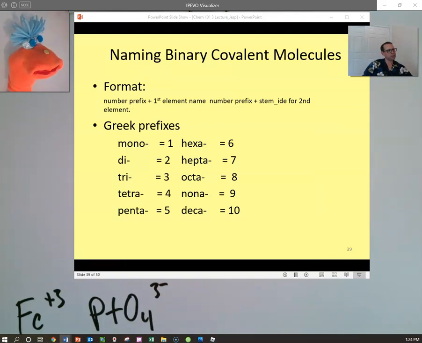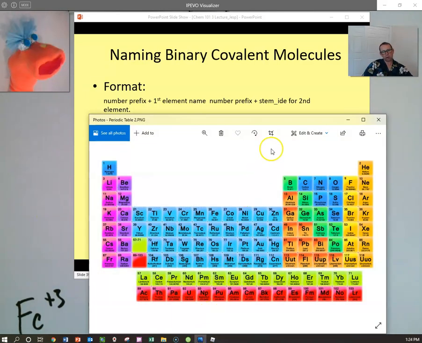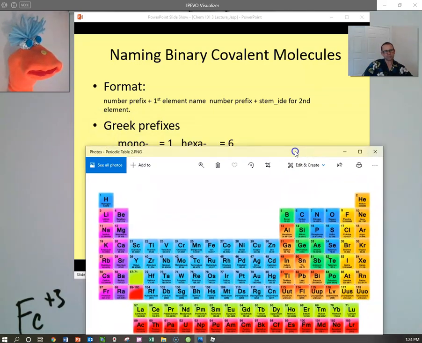Well, how do we know if a compound is an ionic compound? It has a metal or it's made of ions. That's right. Oh yeah, I remember. A molecular compound is only made of non-metals. That's right. And our non-metals are on the right of the staircase. Very good.